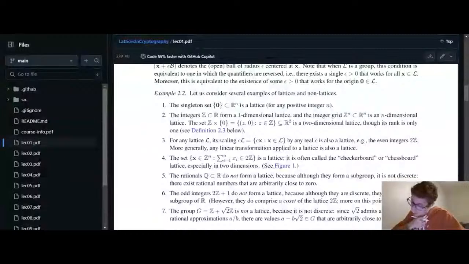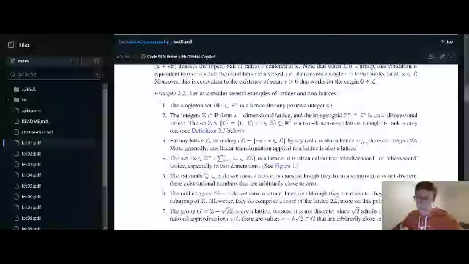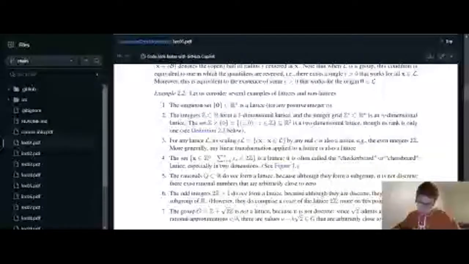Singleton set. Let's see why. Because it makes sense why zero could be. Let's see if it passes the first conditions.